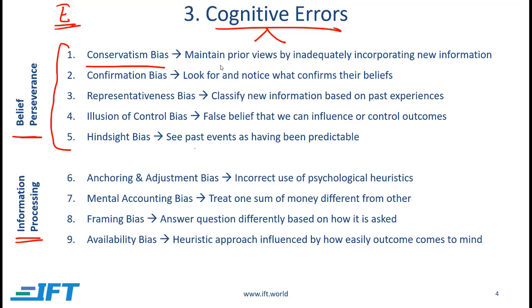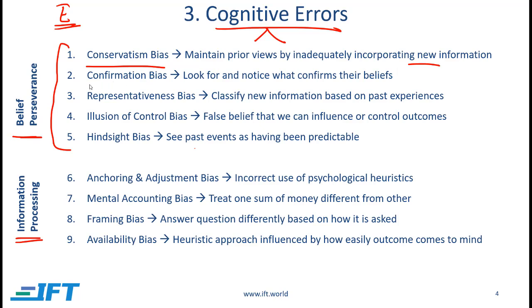This involves maintaining prior views by inadequately incorporating new information. So a conservative person is someone who sticks to old views, and that's what is happening over here. With conservatism bias, a person simply sticks to old views and doesn't incorporate new information.